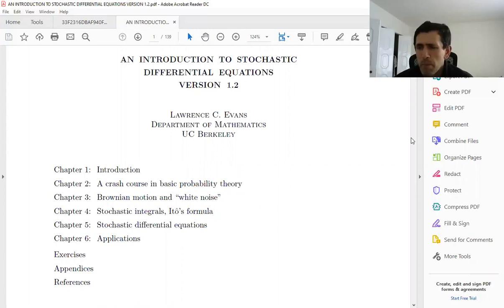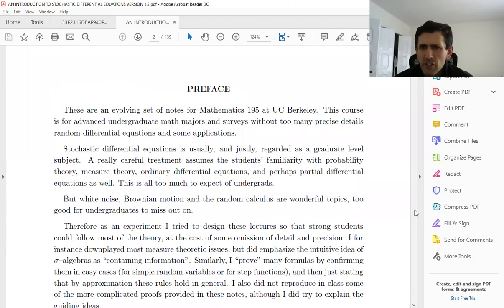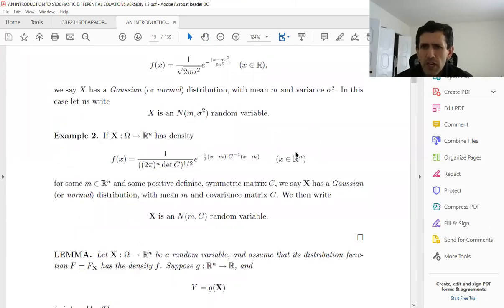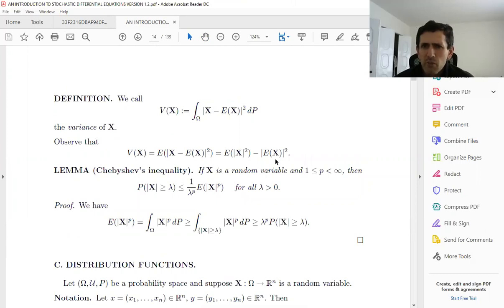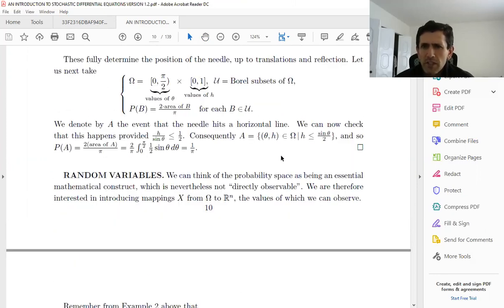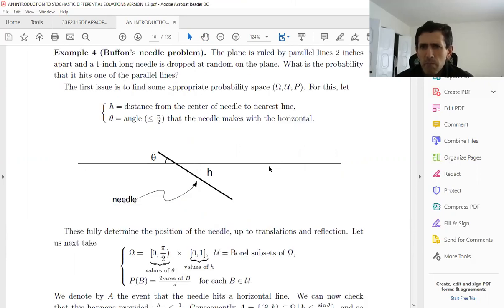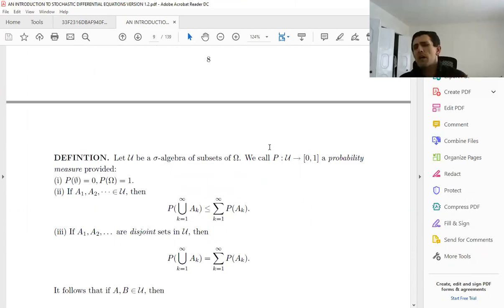That's where I got it. Might even be on his webpage, actually. I think it is. Even just chapter 2 really talks about basic probability theory from a perspective that picks up where we left off.